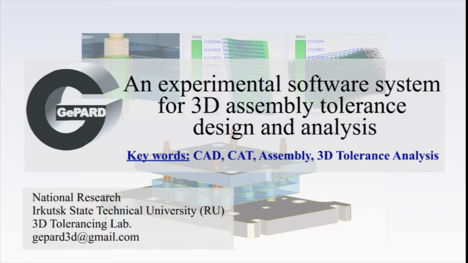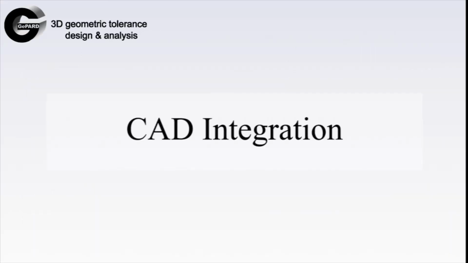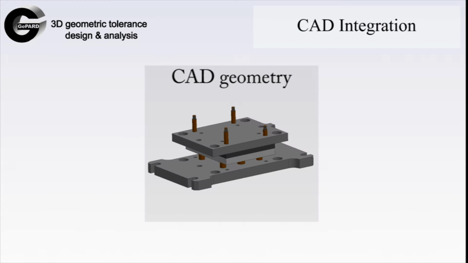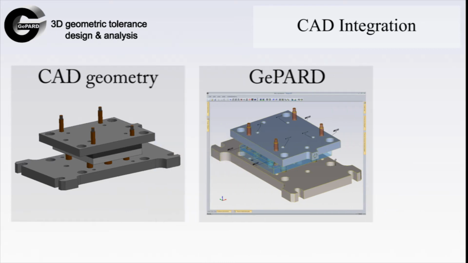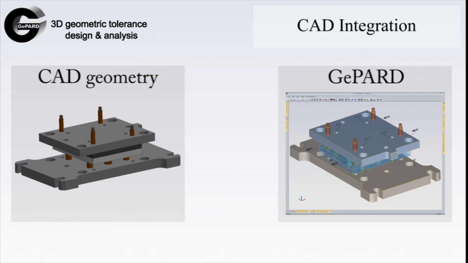Gepard system enables the comprehensive three-dimensional analysis of tolerance stack-ups involving all the types of dimensional and geometric variations in any combination. Gepard system allows sharing product geometry data through the STEP format and can be used in the context of the integrated informational environment.